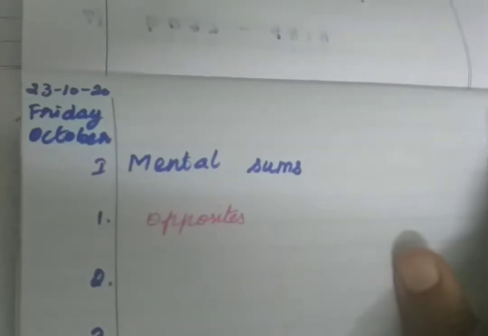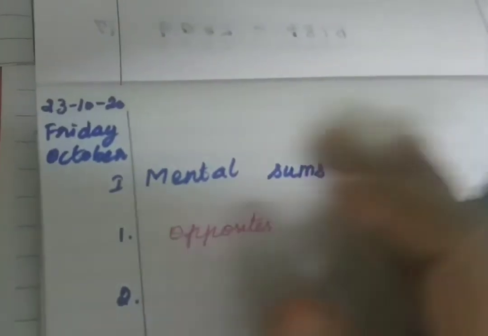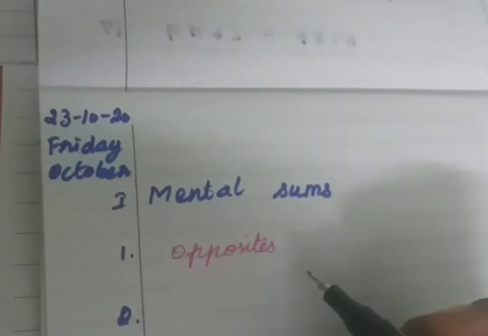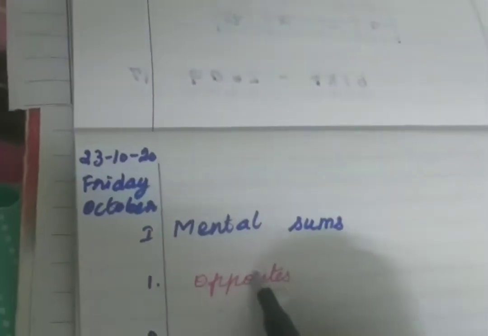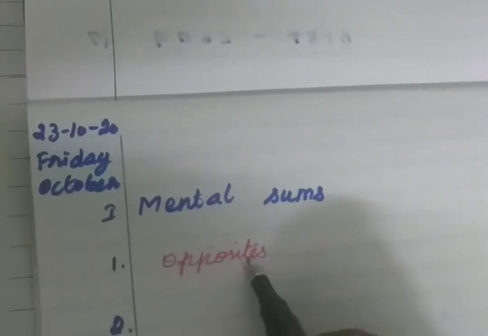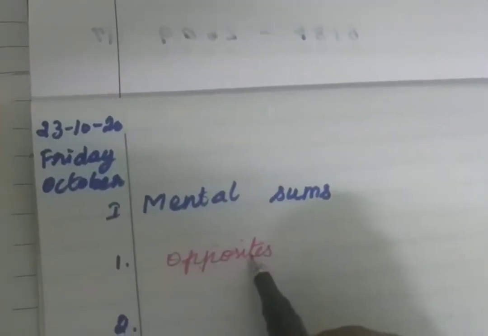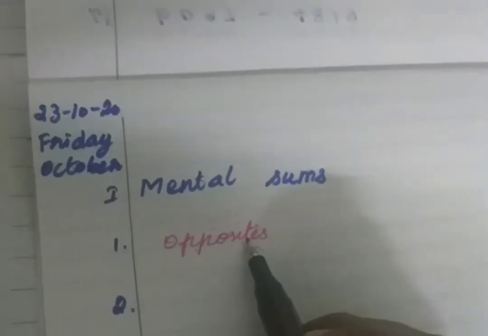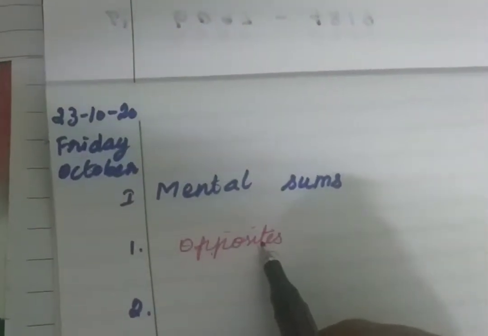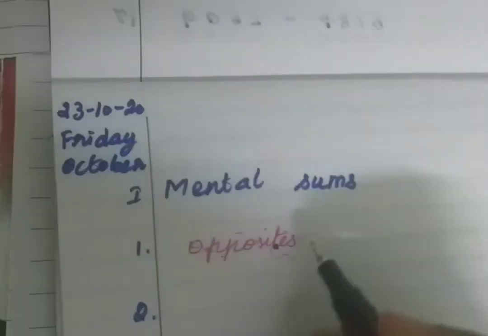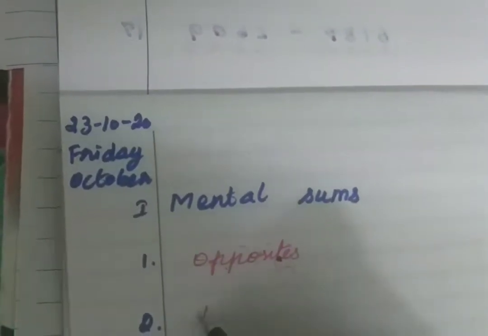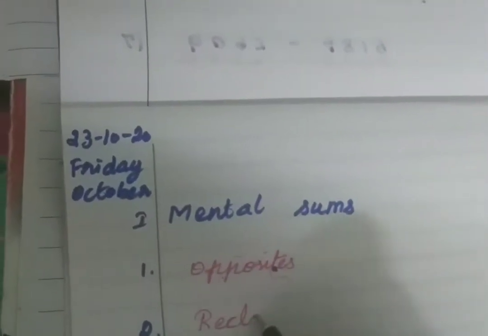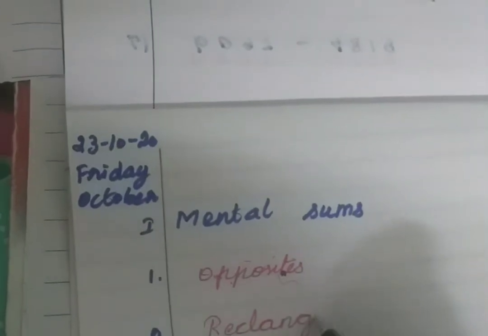All of you check out the mental sum answers. The first one, the dash surfaces of a cuboid are identical. So the answer is opposite sides. Opposite surfaces of a cuboid are identical. Okay. The second one, what is the shape of the postcard? Rectangle, isn't it?